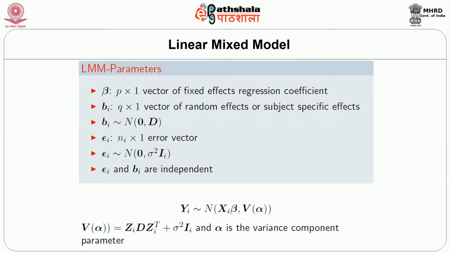So using this notation we can say that yi follows a multivariate normal distribution with mean xi beta and variance V alpha, where V alpha is zi D zi transpose plus sigma squared I, and alpha is the variance component parameter. So all the parameters that are involved in the variance component are combinedly called alpha.